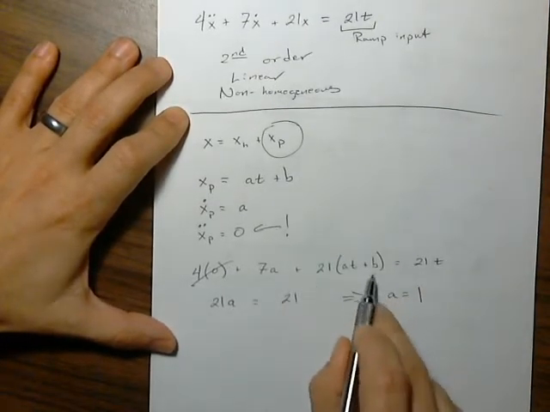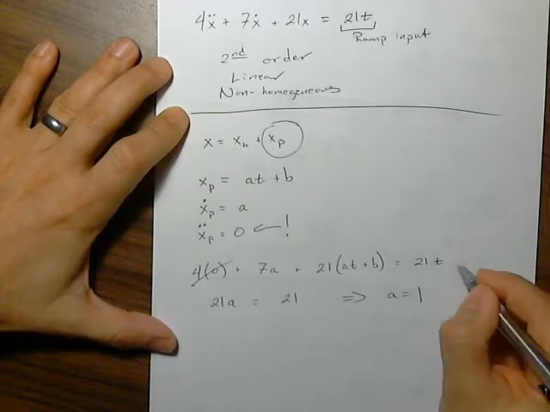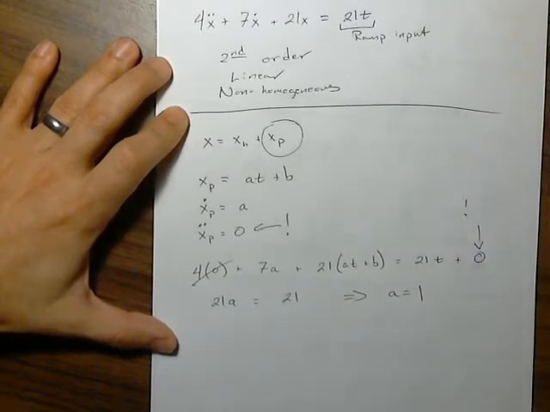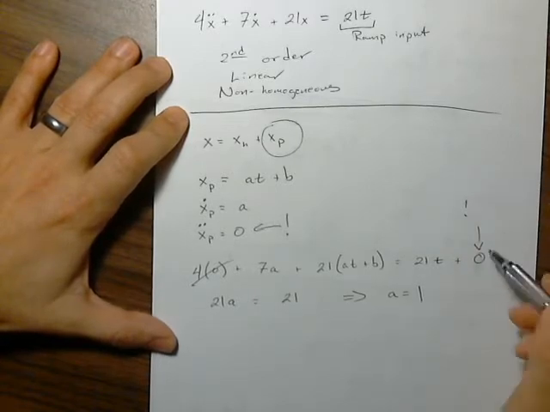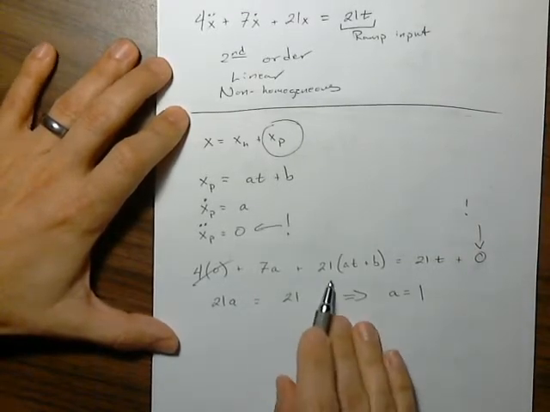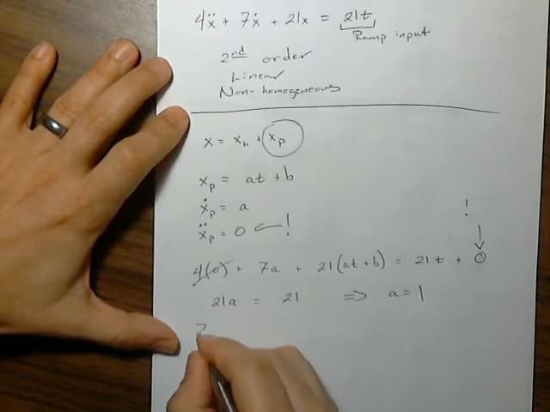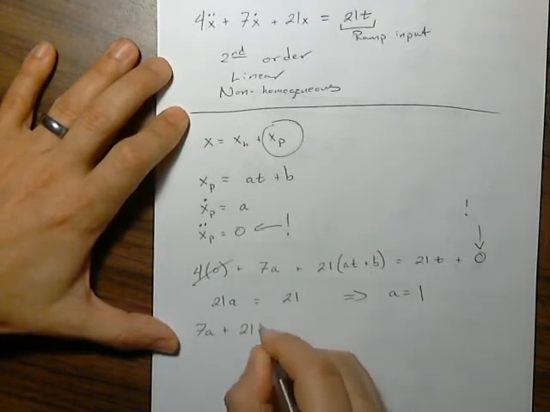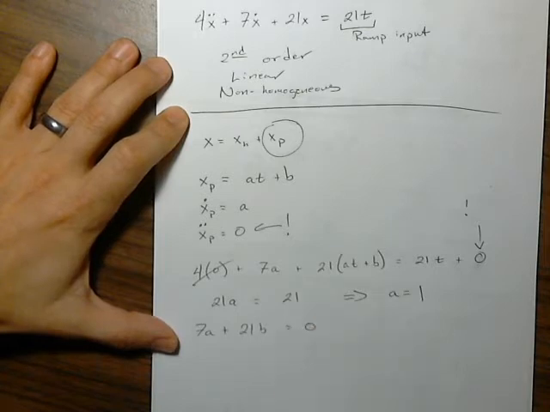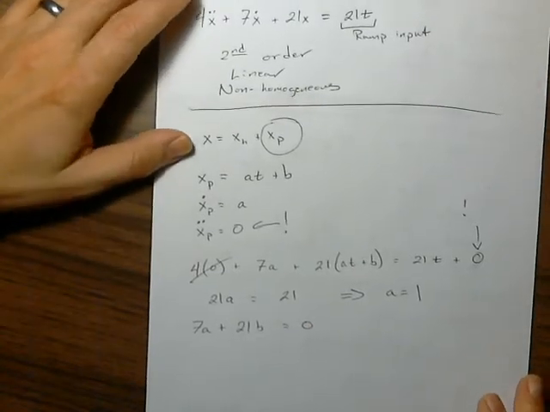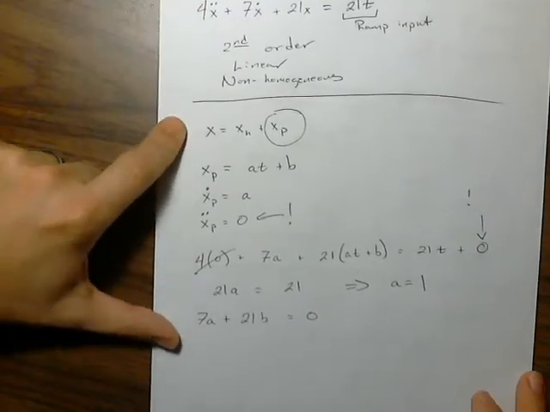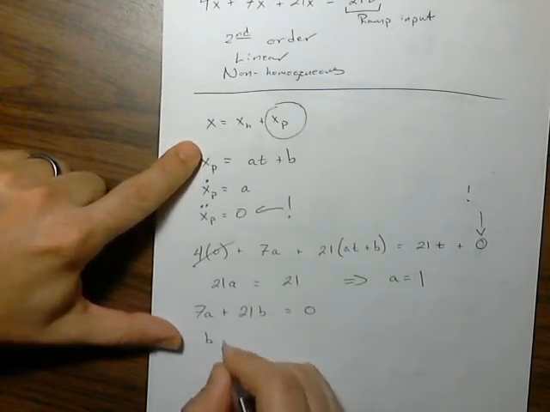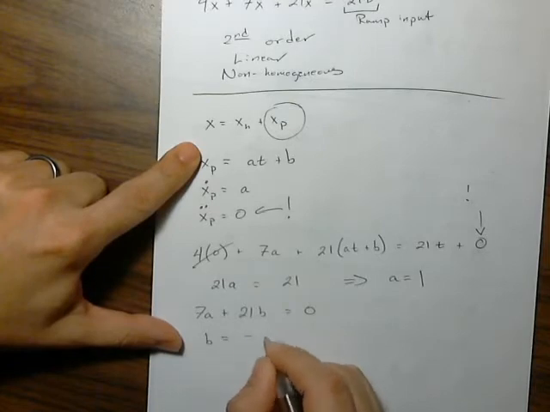And then if I set the constant terms equal to 0, remember, there's a 0 here, that means 7a plus 21b is equal to 0. Well, now you can see why I decided to make that 21 a multiple of 7. So in other words, b is just negative 1/3.